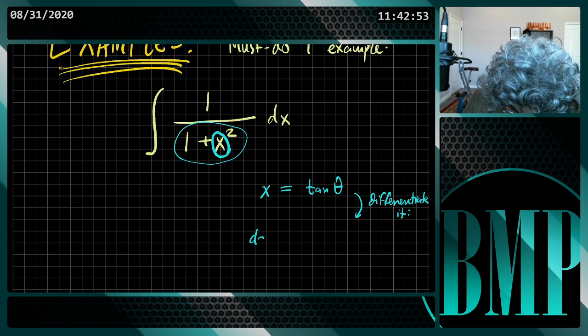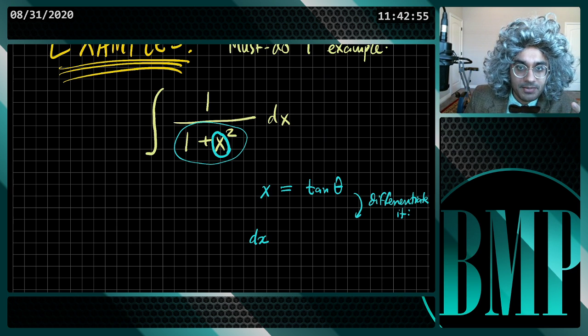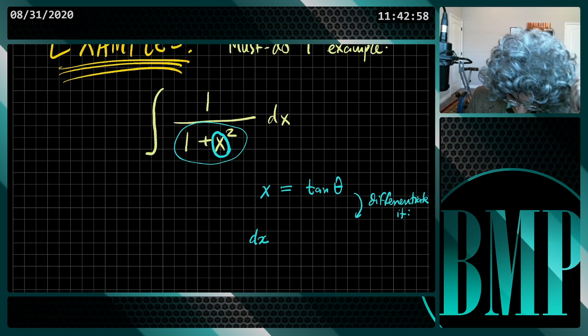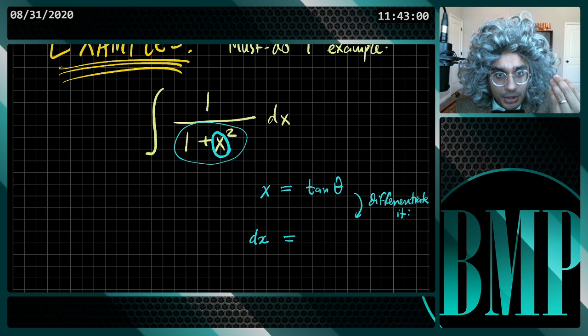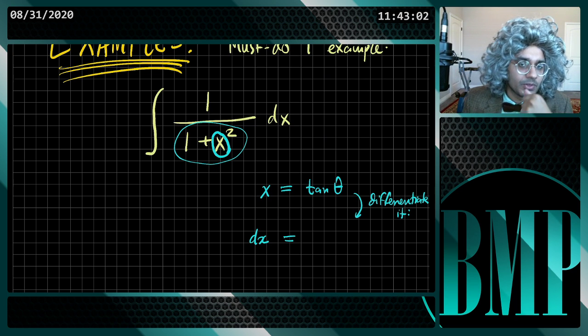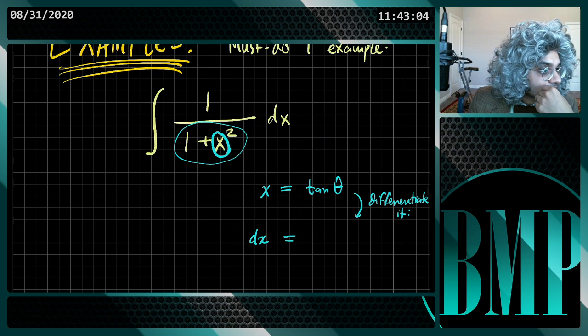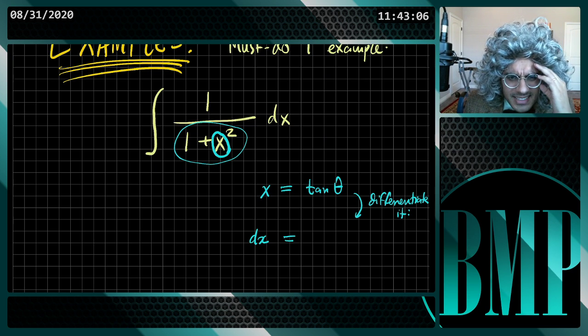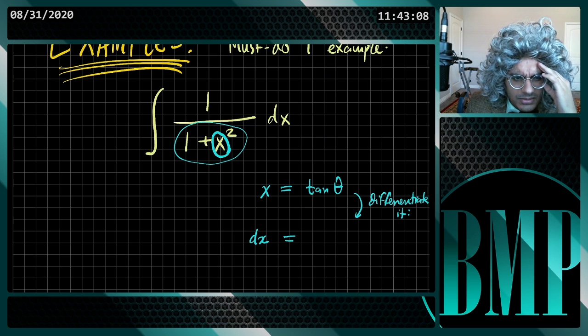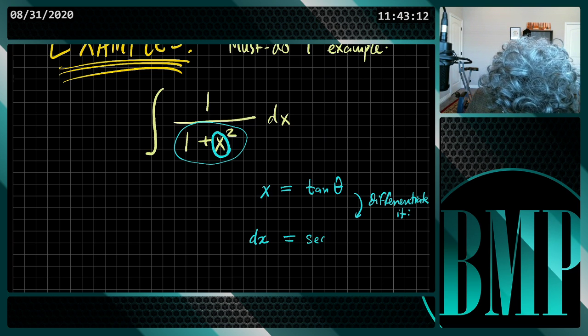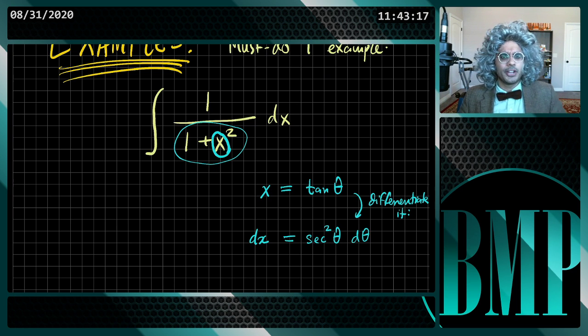You'll get dx on the left side, 1 times dx, equals the derivative of tangent theta with respect to theta. That's secant squared theta.